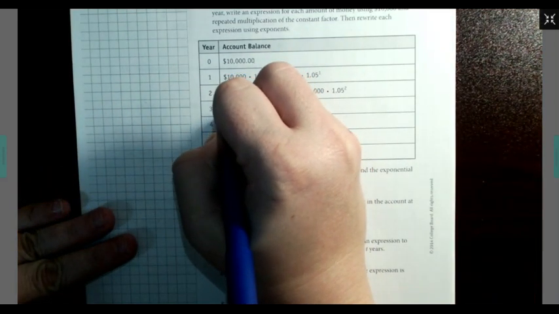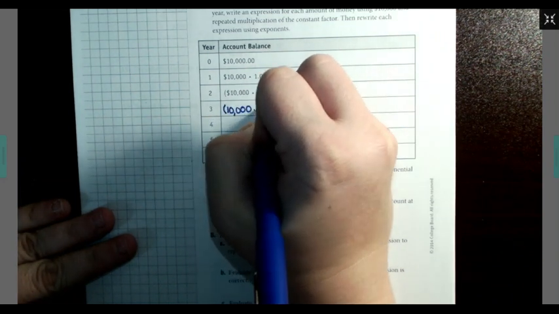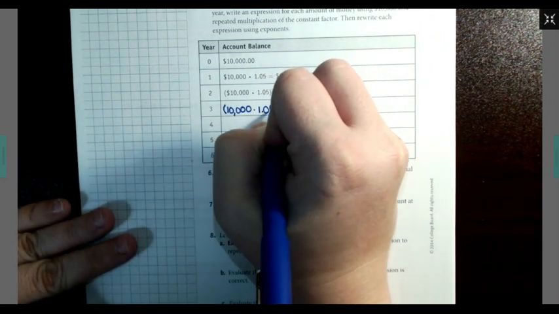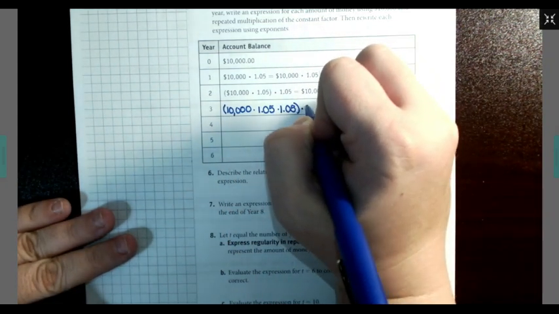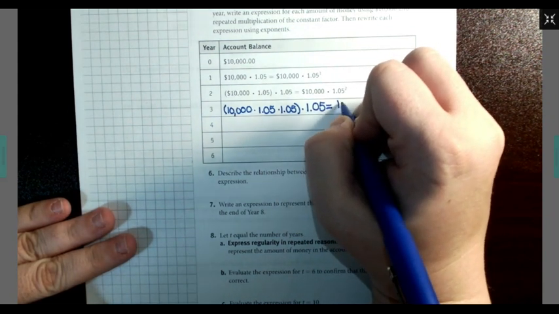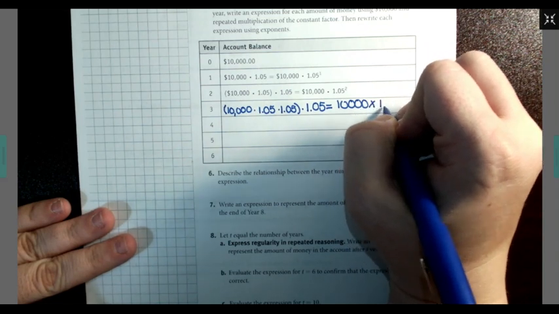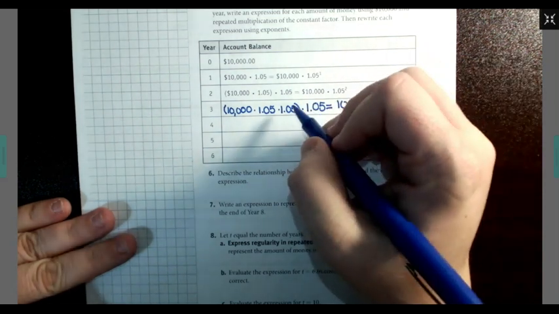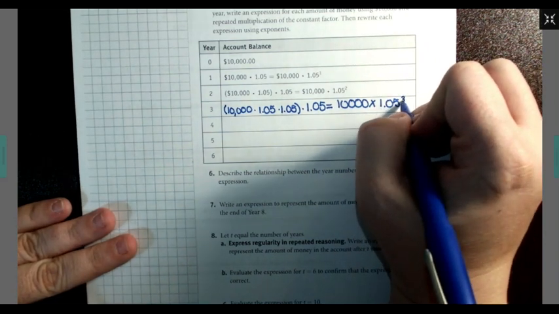Next year, it's going to be 10,000 times 1.05 times 1.05 times 1.05, which can be rewritten as 10,000 times 1.05, and that is 1, 2, 3 times.